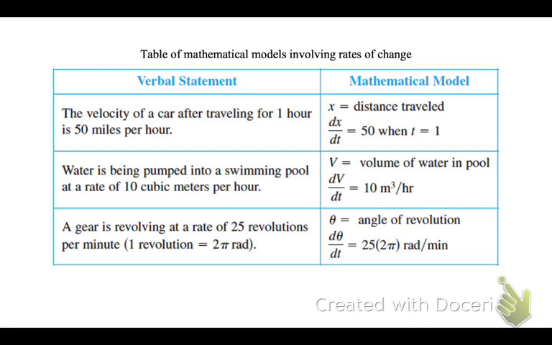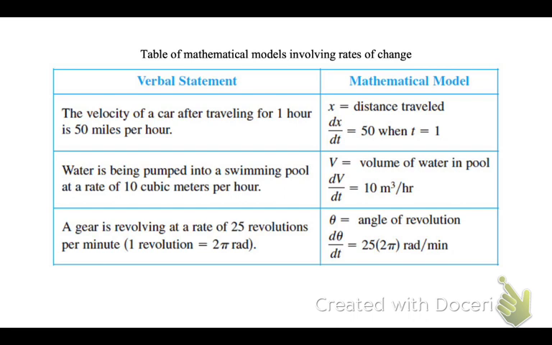So volume. How do I know it's volume? It's a pool, but it also says 10 cubic. So you've got to look for your word. V equals volume of the water in the pool. dV/dt is 10 cubic meters per hour.